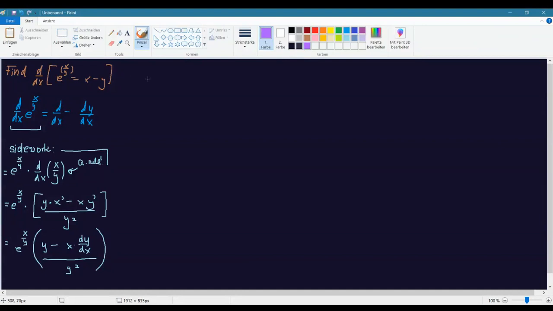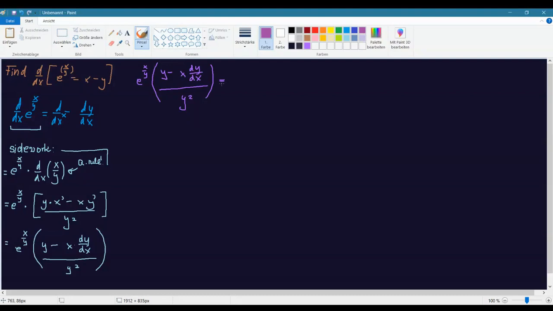So now we're going to plug that in. We're going to end up with e to the x over y, times y minus x times dy over dx, all over y squared, equals, I don't think that I accidentally didn't write the x here, but there's an x there.